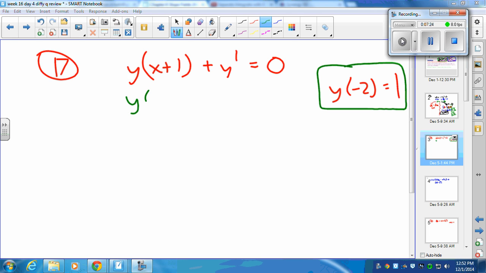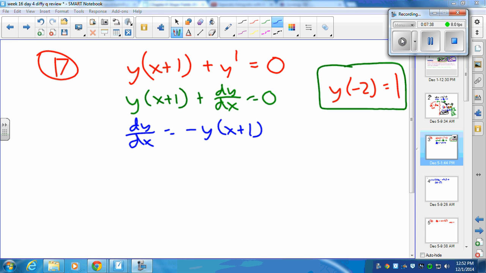First thing I would do is I do not like the y prime, so I like to write it as dy dx. To get rid of that plus sign in between, I'm going to go dy dx equals -y x plus 1. I moved all of that chunk over. Then from there, I'm going to divide by the y, not the negative, just the y.